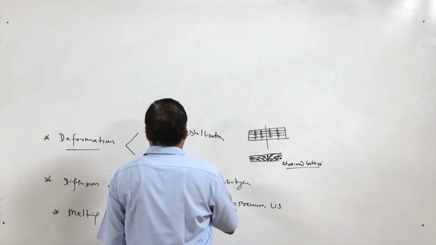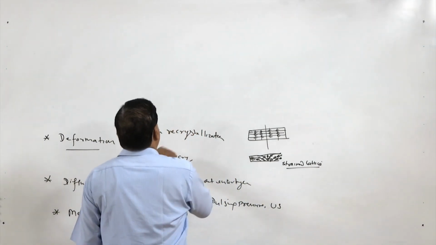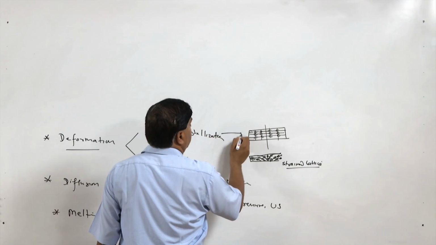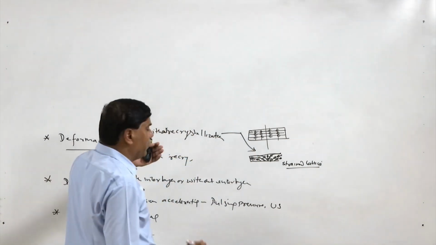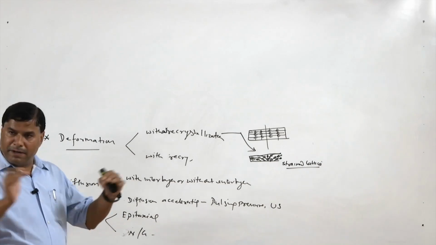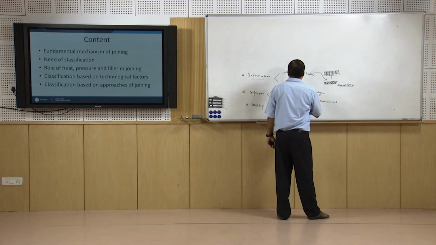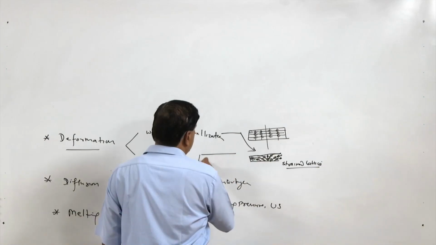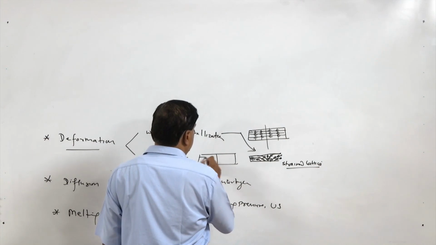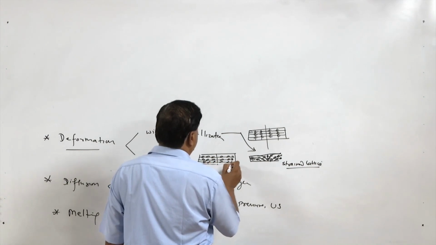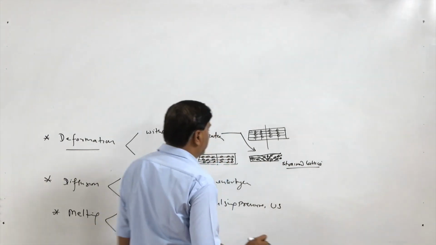This is the approach without recrystallization. This is the case when the regular arrangement of the atoms is distorted when the metallic continuity is achieved. If recrystallization is involved, you will see that the joint is continuous and the arrangement of the atoms is still maintained even after the welding, because fresh grains are formed and there is no lattice strain.